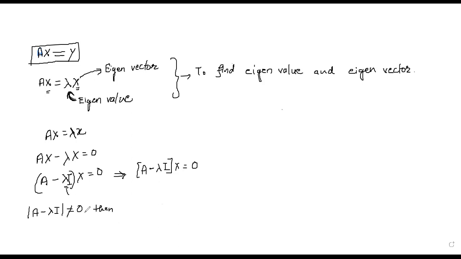And so now A minus lambda I inverse exists. Once it exists, I can multiply by the inverse on both sides, and what I will get is x equal to A minus lambda I inverse of 0, which gives me x equal to 0.